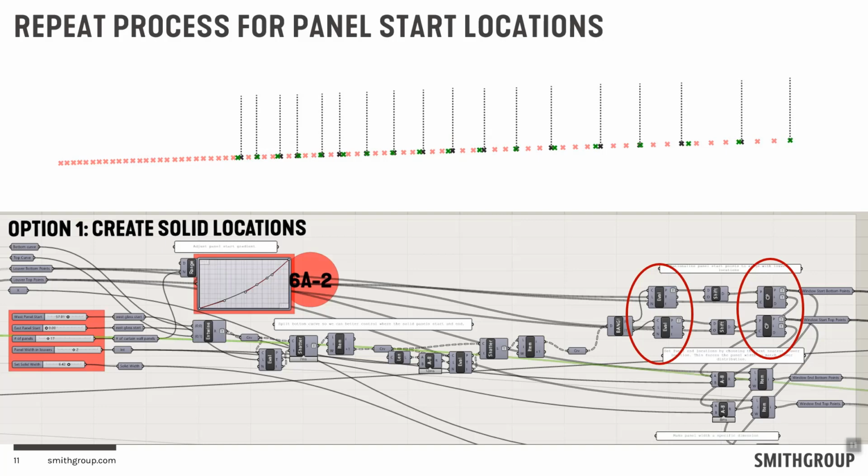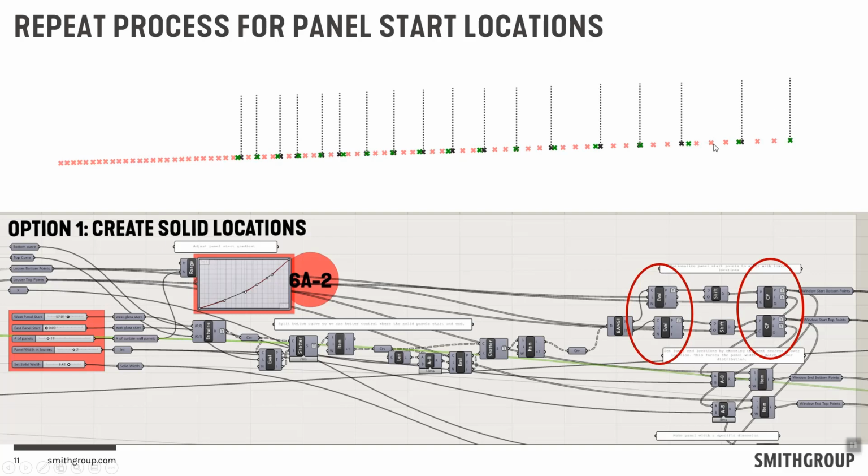Once again, if red are my possibilities and green are where I'm choosing to place the start of the panel, it finds the closest point available. This isn't perfect. Perfect would be whatever my perfect gradient is showing me, but that's not my goal. My goal is to rationalize all this so that it all aligns. With the exact same process, evaluate curve and closest point, I identify the black points rather than the green points, and now you can see they're identified by these little bars at the top.